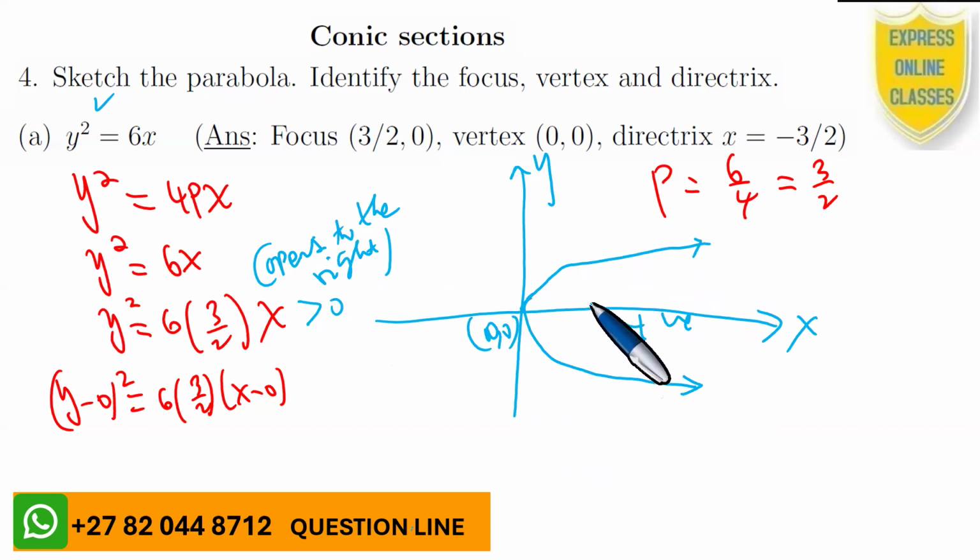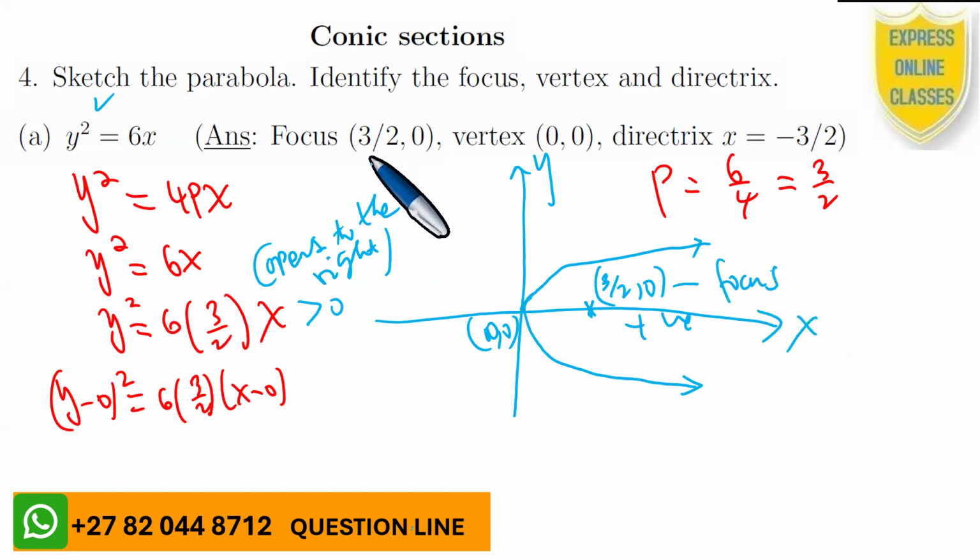Now, when it opens this way, there's a point sitting here that is going to be the same distance, which is 3 over 2, from the origin. The x is 3 over 2, and the y is going to be 0. This point is called the focus.